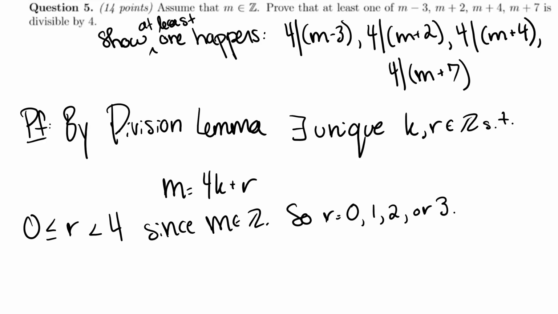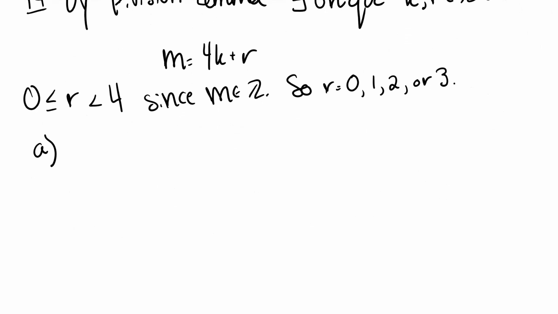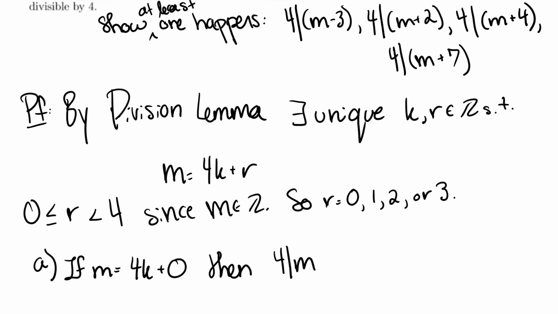Okay, so now I'm just going to go through all my different options, and I'm not just going to show that it divides. I'm going to show that 4 divides one of these. So let's try it. Call it case A. If m equals 4k plus 0, then in fact 4 divides m, but that's not what we're trying to show.